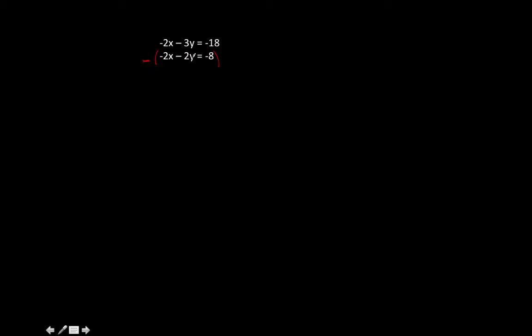So if I just subtract, -2x minus -2x cancels. -3y minus -2y, so that's -3 plus 2, so that's -y. -18 minus a -8, so -18 plus 8 is -10. So y is 10.